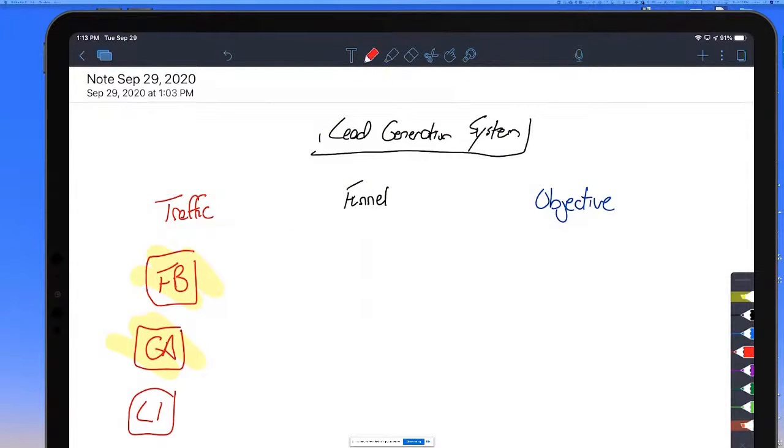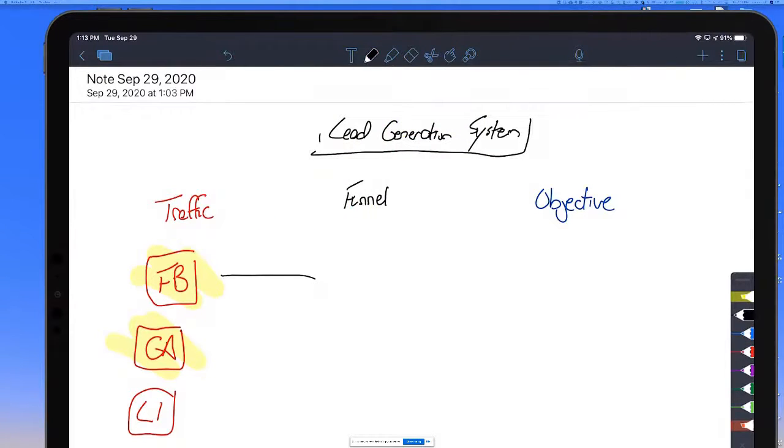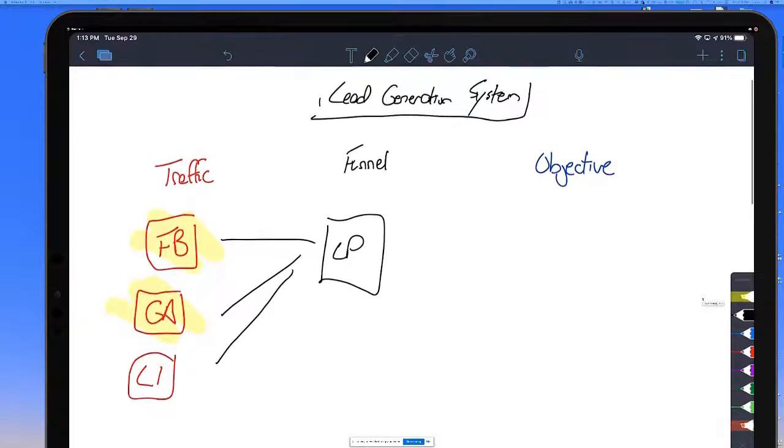And then what we do is we send them to the individual funnel. Now, from a lead generation standpoint, that funnel is going to start with a landing page. Yesterday we talked about lead magnets and why lead magnets are used in your funnel.